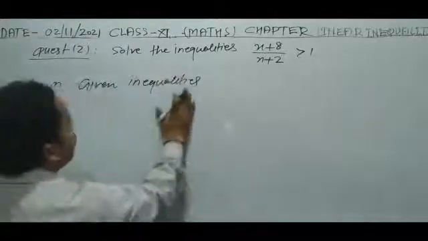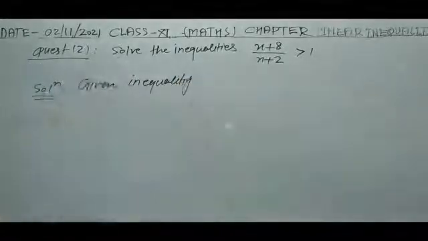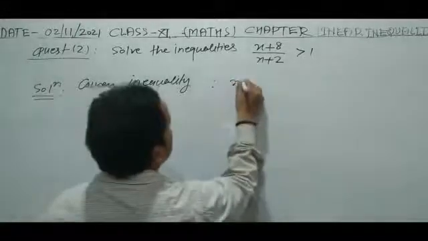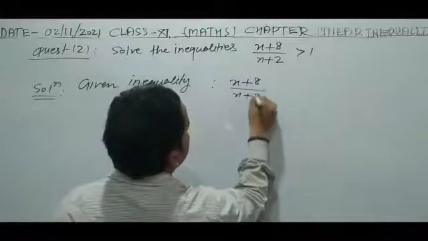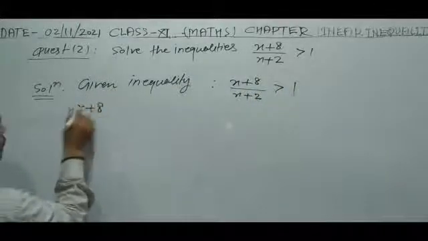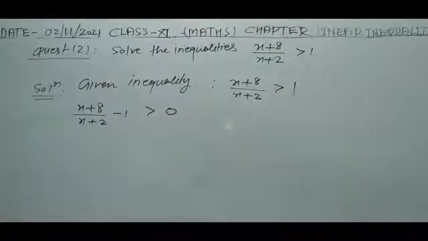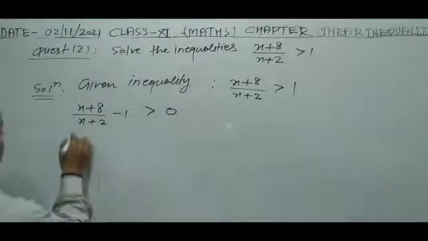So first of all, the given inequality can be written as x plus 8 upon x plus 2 minus 1 is greater than 0, and we have to take the LCM.